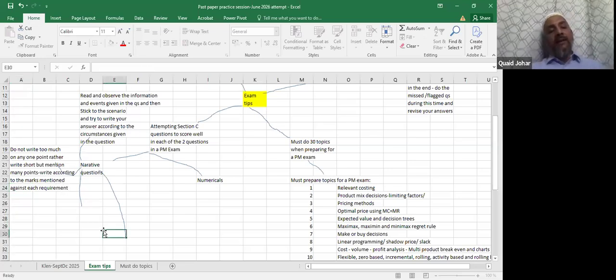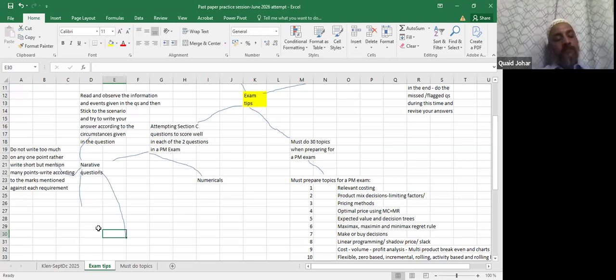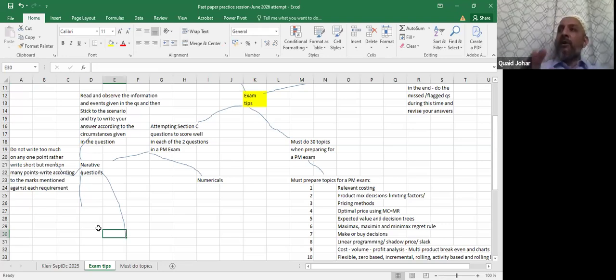Okay, now when drafting the answer, check. Obviously, they mention marks against each requirement. So write your answers according to those marks. If you write more, what happens that you will be missing some requirements or some questions in the end, and you will not be able to complete the exam in the given time. So it's better that you judge that how much should be written, write short, write more points, right?